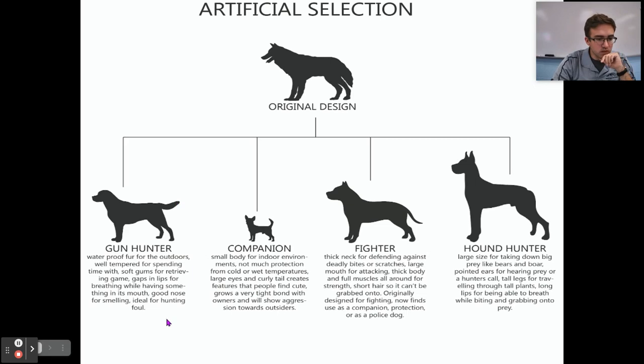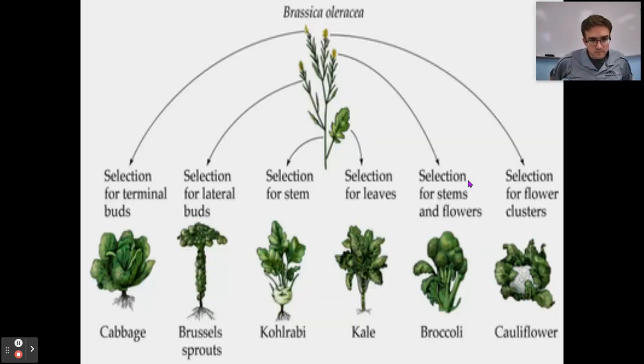Then there are companion dogs that are smaller and more suitable for living indoors or carrying around in a handbag. So we selected for traits in dogs to fulfill certain roles in that environment.